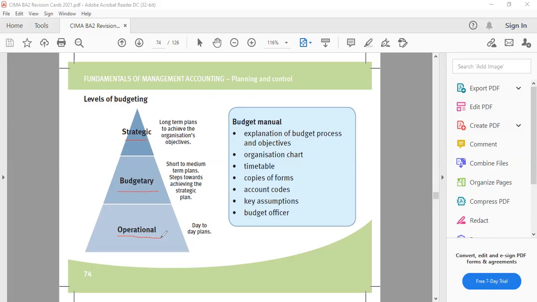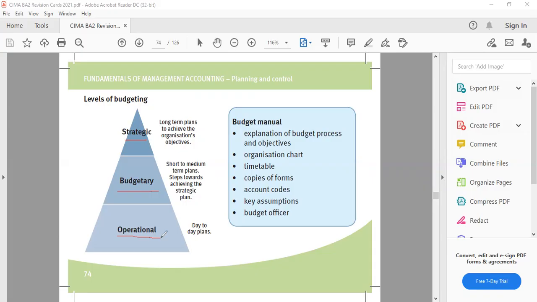So there is a budget manual which is prepared. Budget manual includes explanation of budget process and objectives. There's an organization chart prepared, a timetable. Then we see copies of forms, account codes, key assumptions, and budget officers. There is a way in which the budgets are prepared. There is a committee appointed.